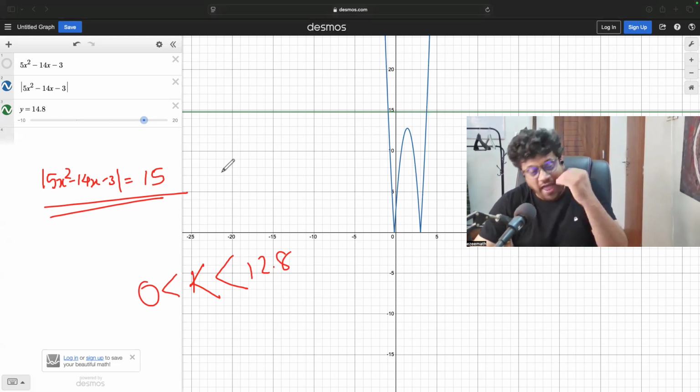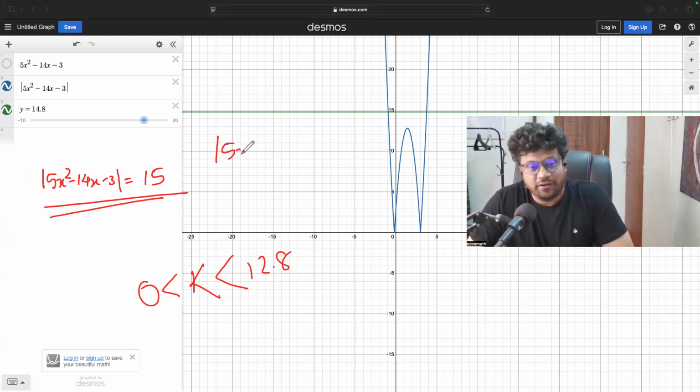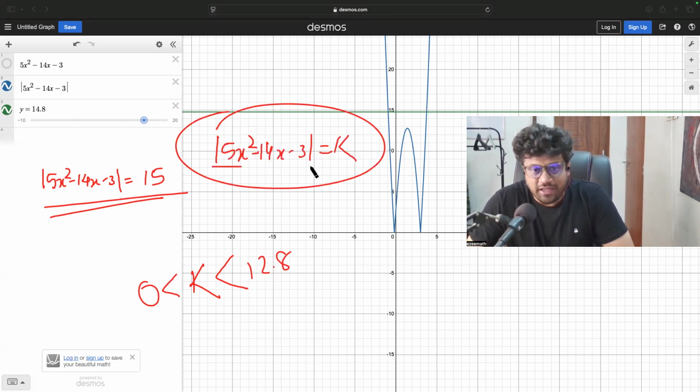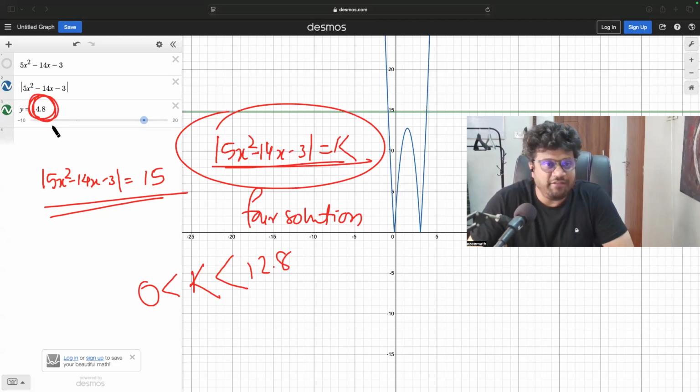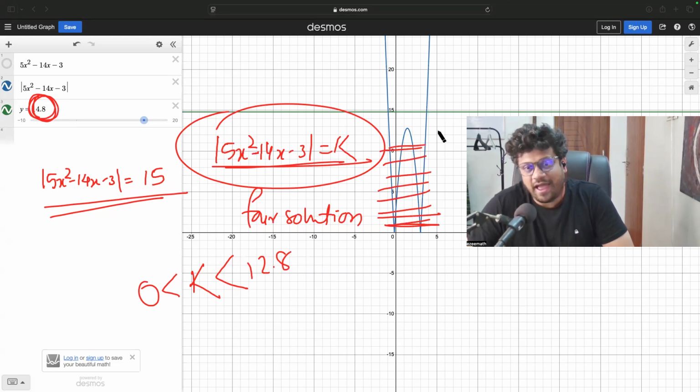So the final verdict here is, for |5x² − 14x − 3| = k to have four solutions, the k value should be between 0 and the y coordinate of this vertex, which was 12.8.